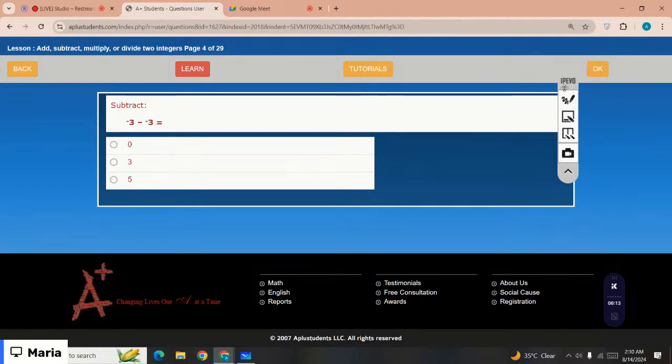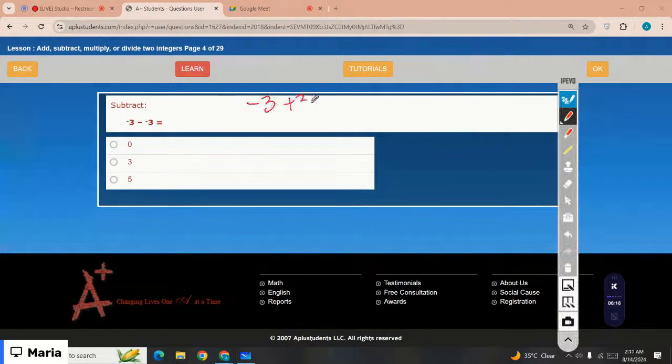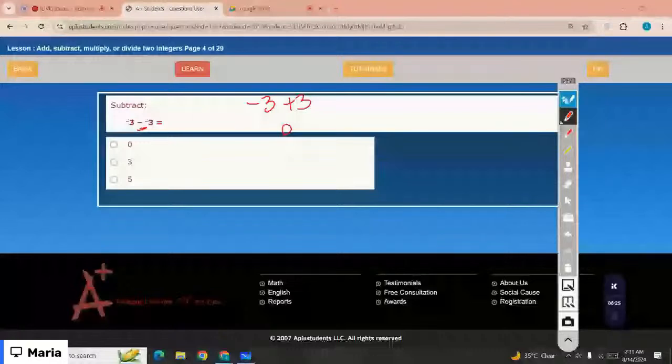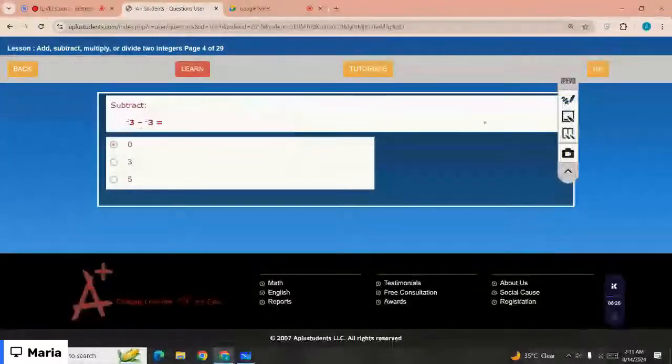Very good. Subtracting a negative integer is the same as adding one. So negative 3 plus 3 is 0. Very good. The correct option is 0. Option 1 is the correct option.